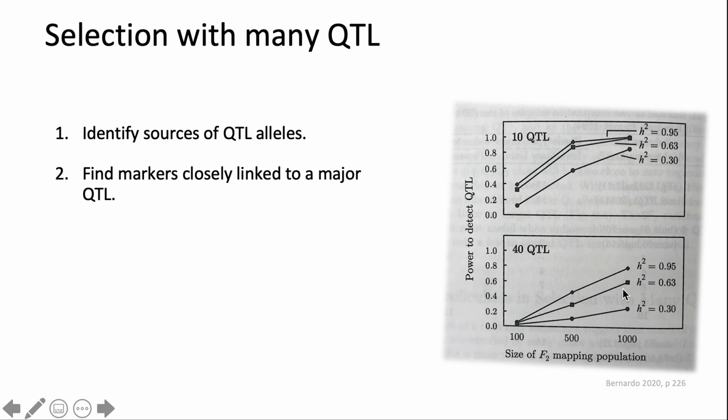As you can see here, again with the same graphic, if the trait is controlled by 40 QTLs, a population size of 500, which is kind of big, is not able to detect all the QTLs when the heritability of the trait is low, and the heritability of quantitative traits tends to be between 0.3 and 0.5. So you can see here that the power to detect all the QTLs is not so big.